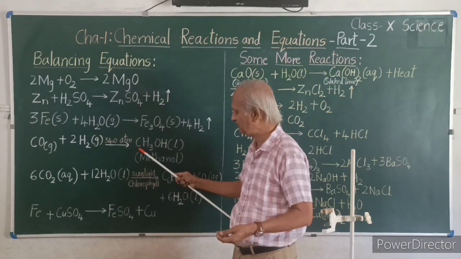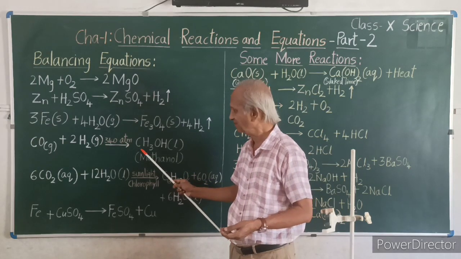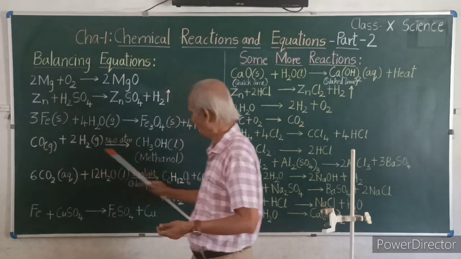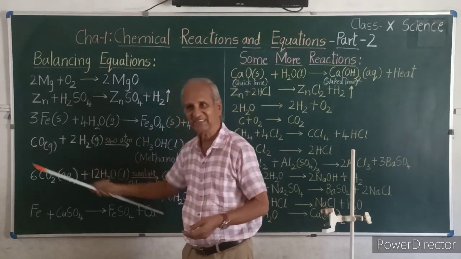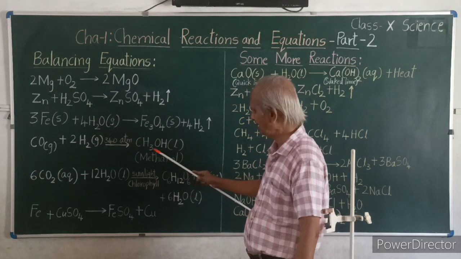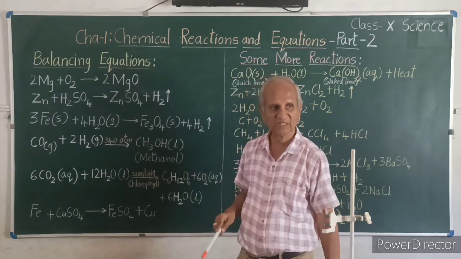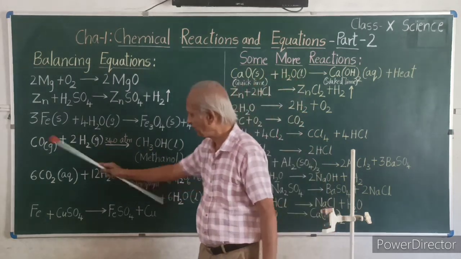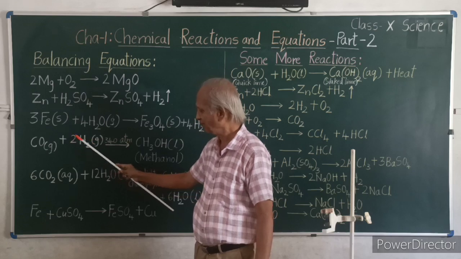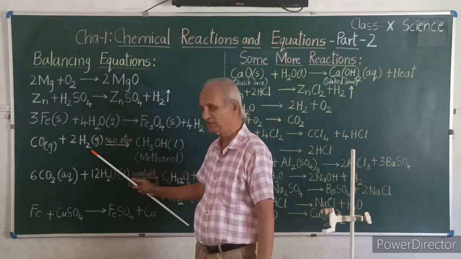Okay, we will start with C now. How many atoms are here? One atom. Now on this side there is one carbon atom. 1C, balanced. Come to H3 now. H3 here, H here. Put them together. 4 atoms of hydrogen. Look here. H2. How many molecules? 2. So in each molecule you have 2 hydrogen atoms.